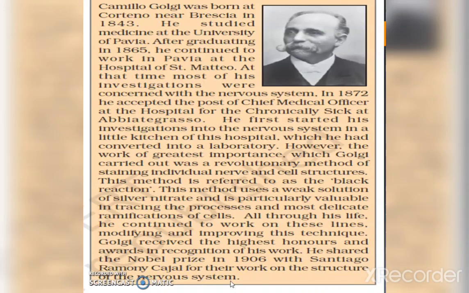He got the Nobel Prize for discovering, through their work, what the form of the nervous system is. So he shared the Nobel Prize. It means that two people were given this Nobel Prize. Not only one person, Golgi and along with him the person called Santiago Ramon y Cajal shared their Nobel Prize, right? So it was for the work on the structure of the nervous system.